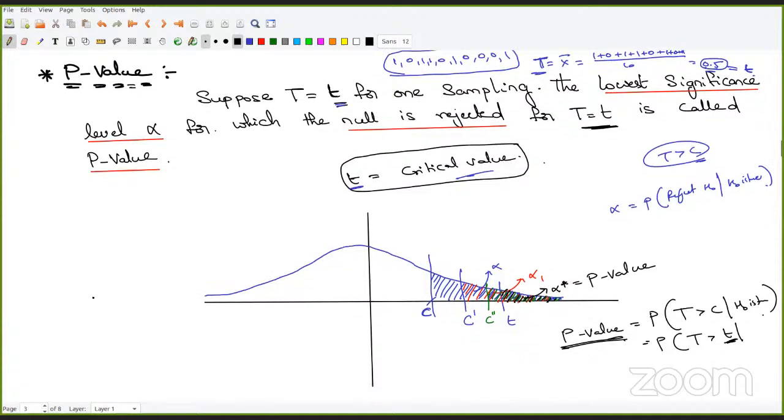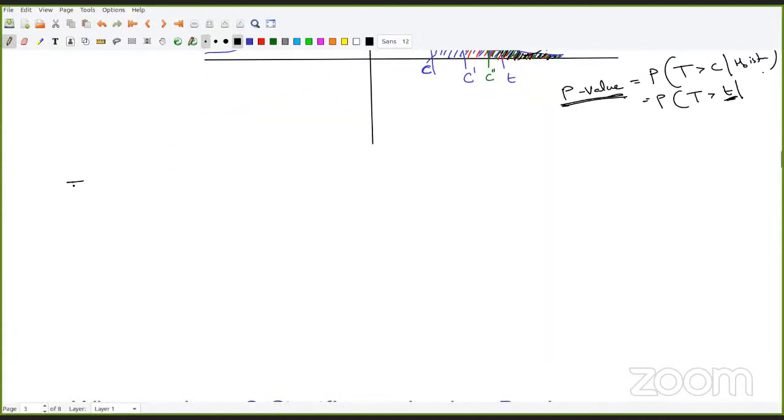Let's say we write it like this. Before that, what are x1, x2, xn? Samples coming from normal 0, 1. Are x1, x2, xn random variables?